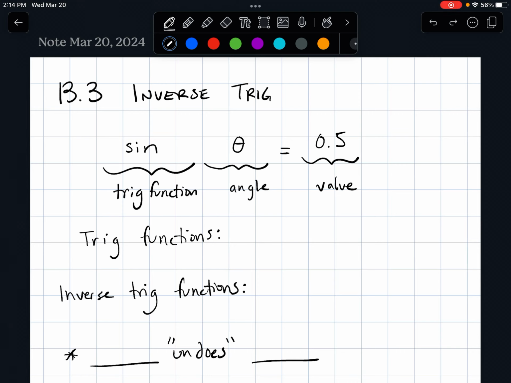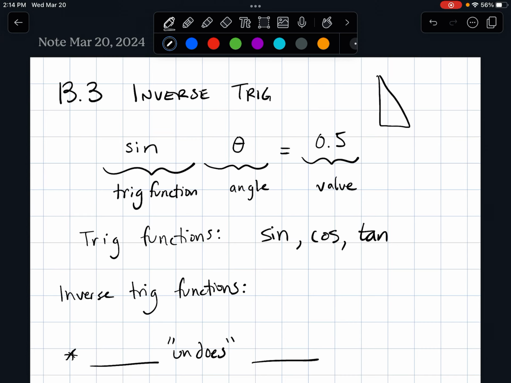So thinking about this, we know that we use sine, cosine, and tangent, right? These are my trig functions. We use sine, cosine, and tangent whenever we're finding a missing side. Think about last section, we were setting up these problems.